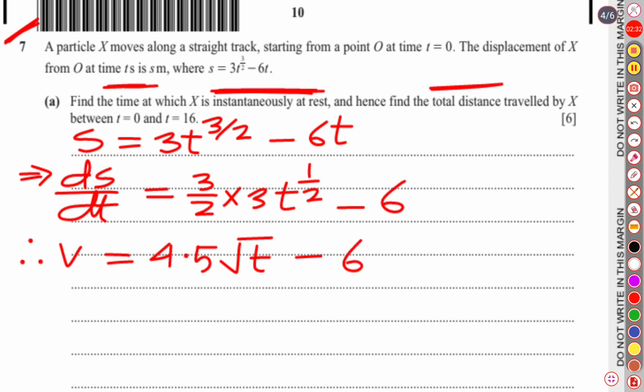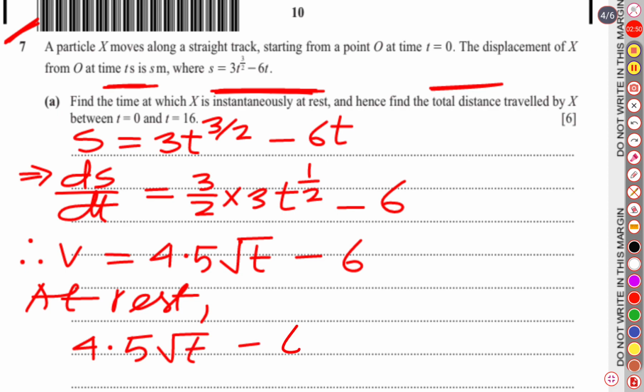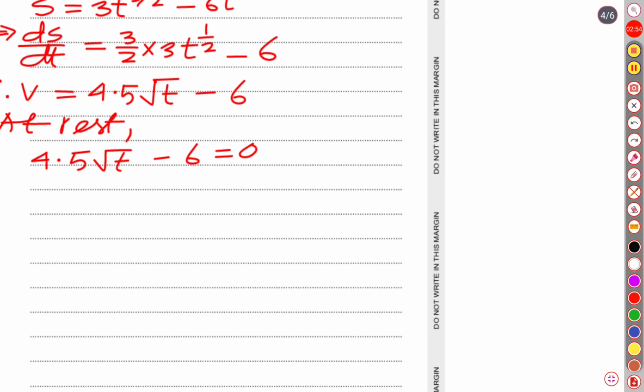Then they have told that the particle was at rest, so at rest our velocity is 0. That means 4.5 square root of t minus 6 equals 0. Then directly we can find the value of t.